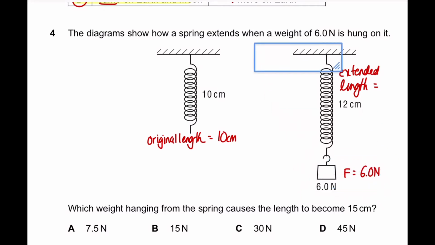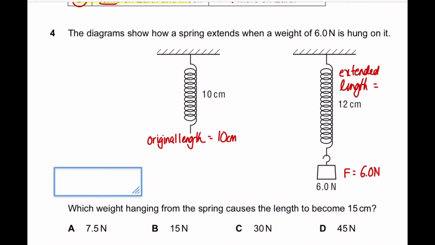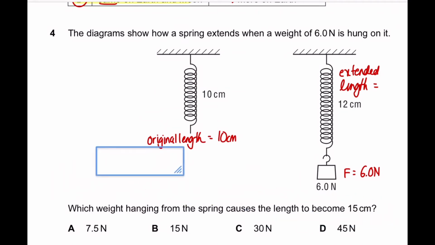The question is, which weight hanging from the spring causes the length to become 15 centimeter? They're asking which weight will cause the length of this original spring to become 15 centimeter.